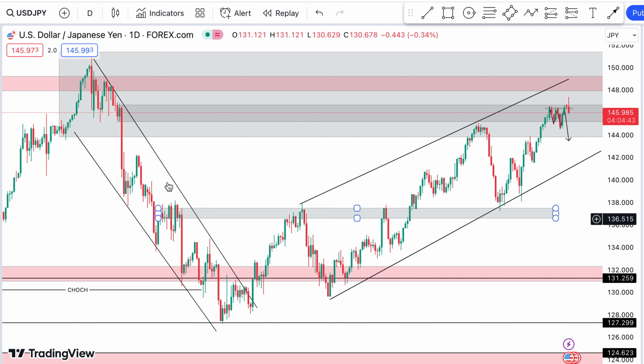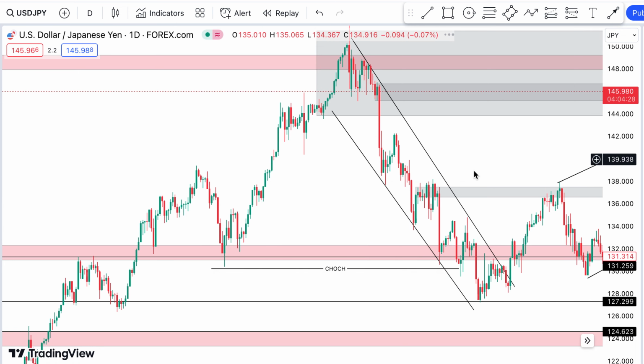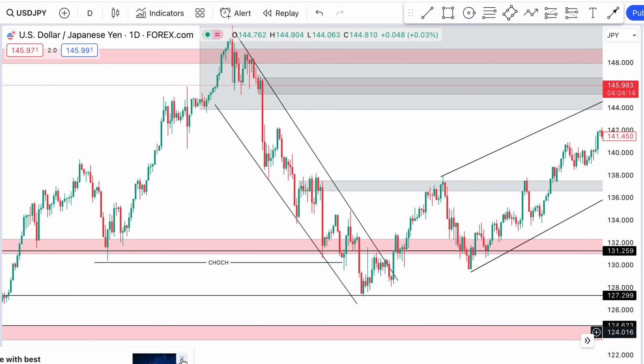The major turning points of this downtrend will influence and impact where this uptrend will then turn. The same thing if you go back into the past: before this downtrend there was this uptrend, and the turning points of this uptrend affected how this downtrend moved.